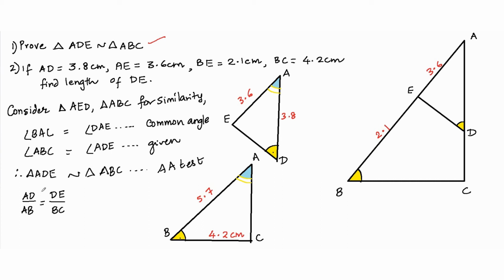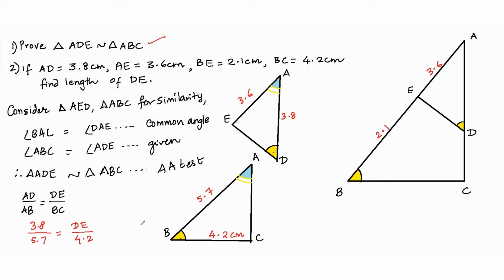So 3.8 divided by AB, and AB is equal to 3.6 plus 2.1, that is 5.7, is equal to DE, which is what we are supposed to find, divided by BC, which is 4.2, right?